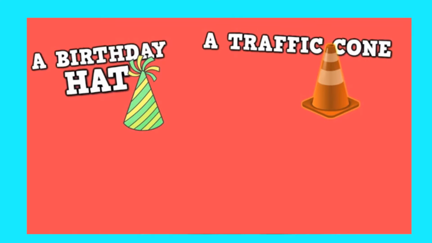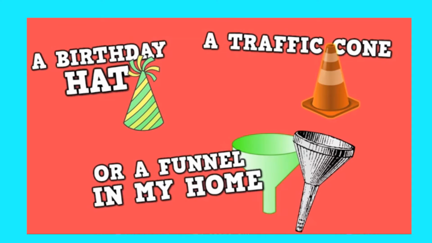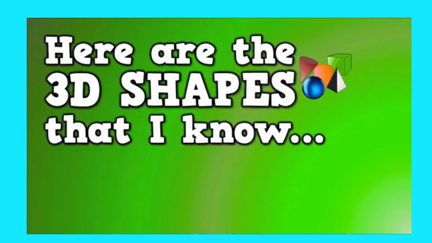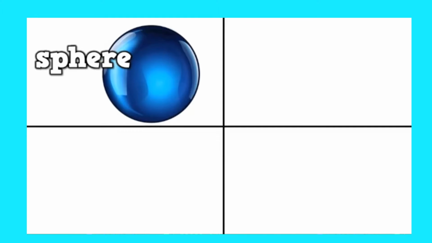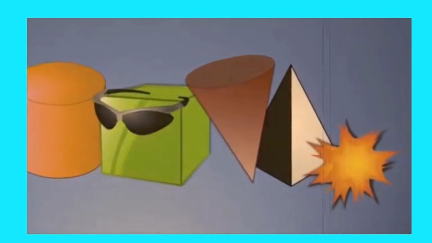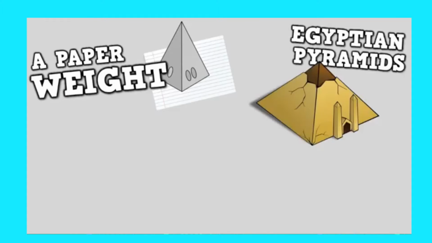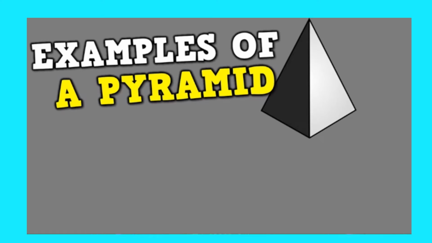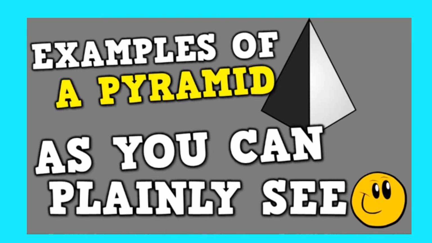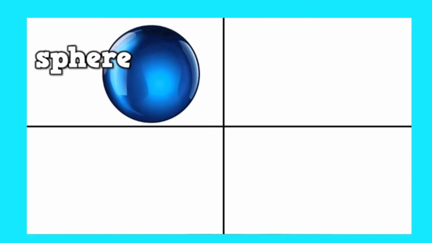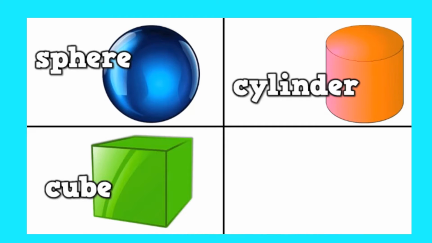A birthday hat, a traffic cone, or a funnel are all examples of a cone. A paperweight, Egyptian pyramids, and some tents would be examples of a pyramid.